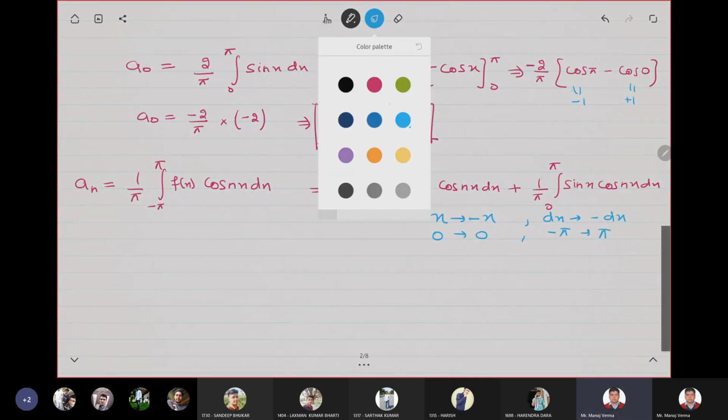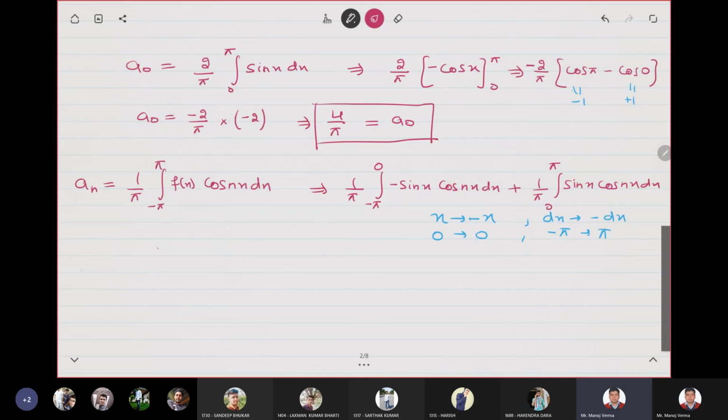So I will be inserting these values in the first integral only. 1 over pi will become pi to 0, minus, as it is, sine of minus x, cos n times minus x, and minus dx.